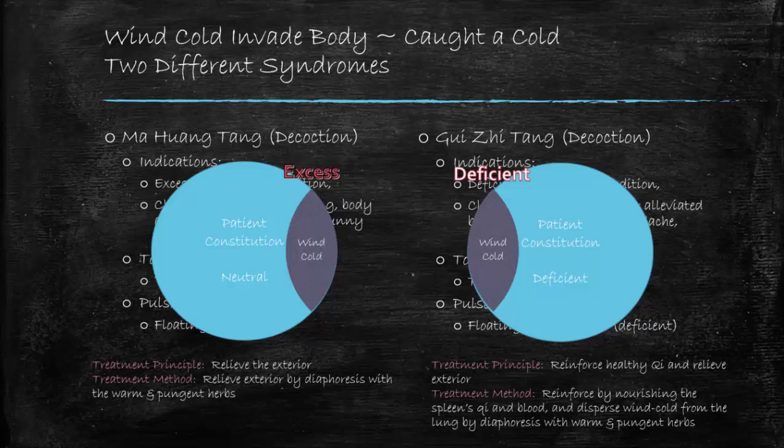And the challenge of selecting a formula that exactly matches what is dictated by the treatment principle and method gets exponentially more complex. Okay, so let me go ahead and demonstrate how the herbs of each of these formulas actually match and align perfectly to the treatment principle and method required for their type of syndrome.